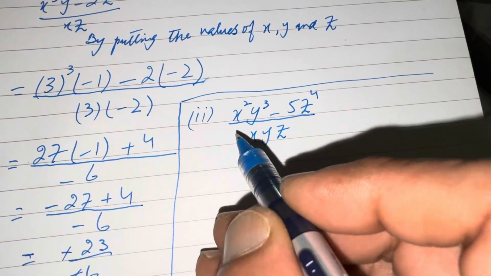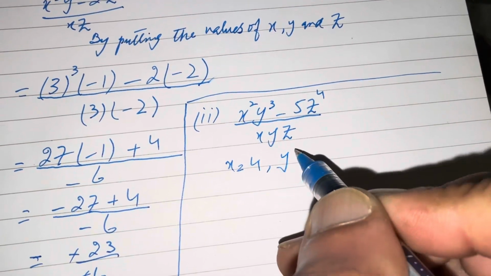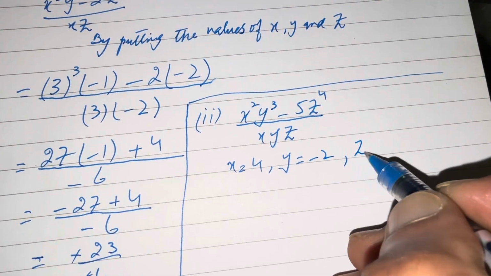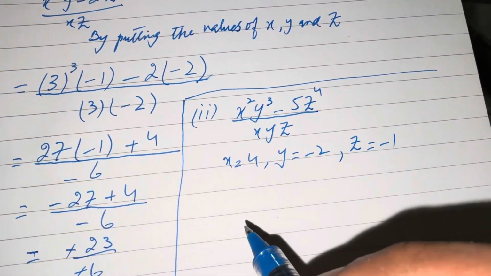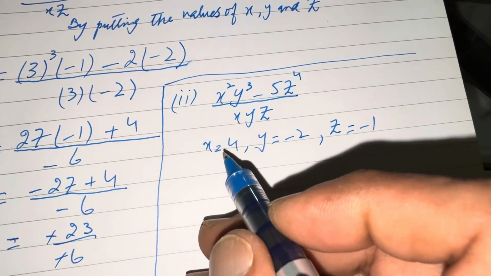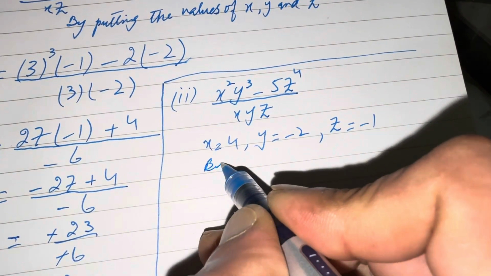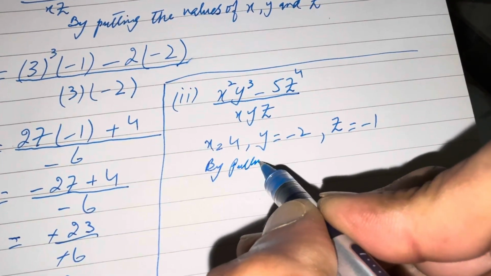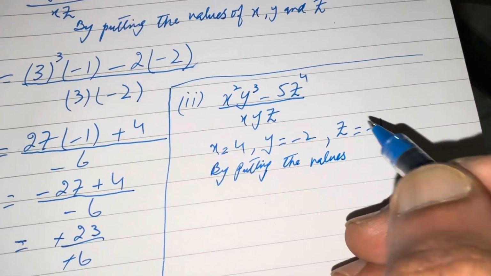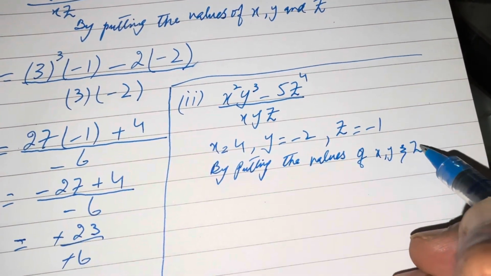So where x is given as 4, y is equals to minus 2, and z is equals to minus 1. So again, by putting the values of x, y, and z in this expression, or you can say the equation, by putting the values of x, y, and z.